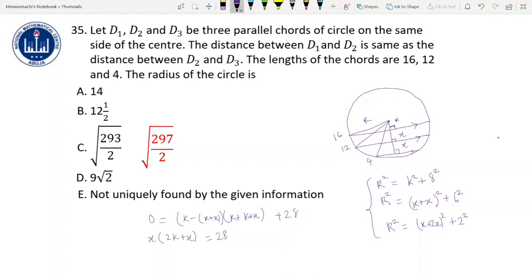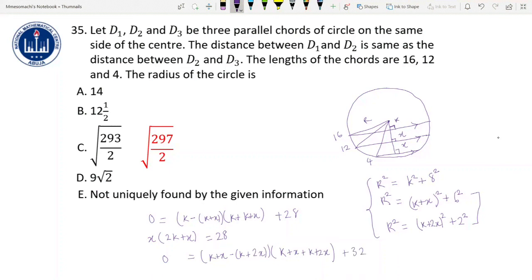Also 28. Okay, and then if we take the difference of the third and the second equation, what do we have? We have 0 equals (K plus X minus K plus 2X) into (K plus X plus K plus 2X), and then 36 minus 4, which gives us 32.